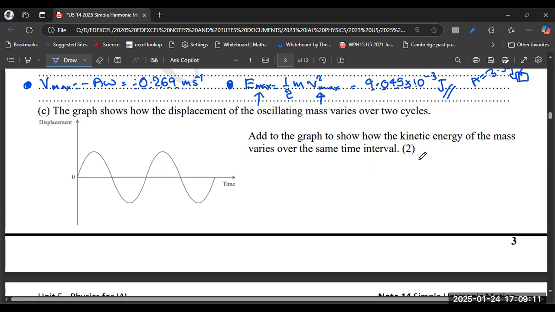So we can say that it is better to have a rough sketch of how the velocity graph would look. Can you remember how to draw the velocity graph when the displacement graph is given?